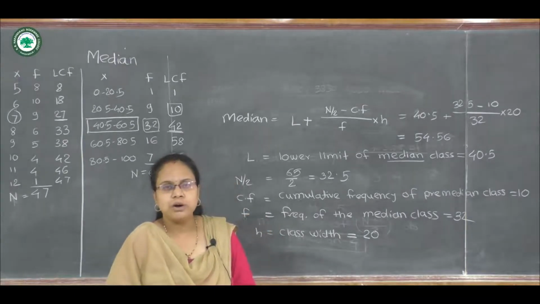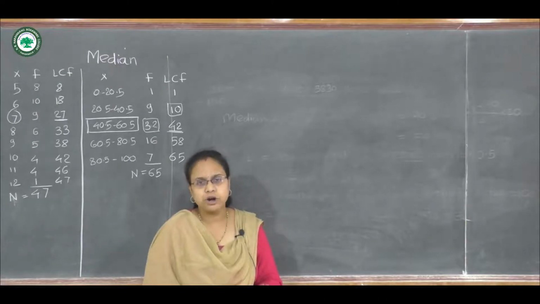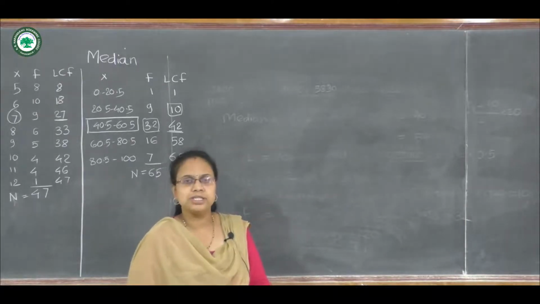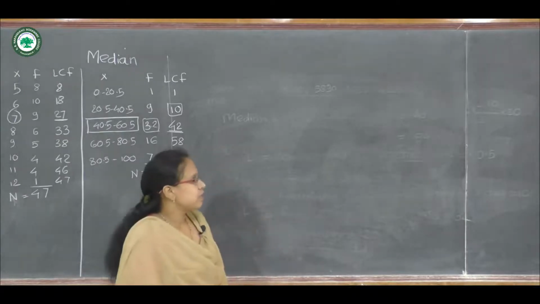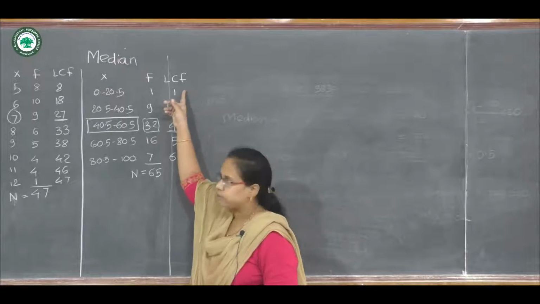Now we will see how to calculate median from a graph. To obtain median from a graph, we first have to draw the ogive curve, the less than cumulative frequency type curve. For that purpose, obviously we have to calculate LCF.